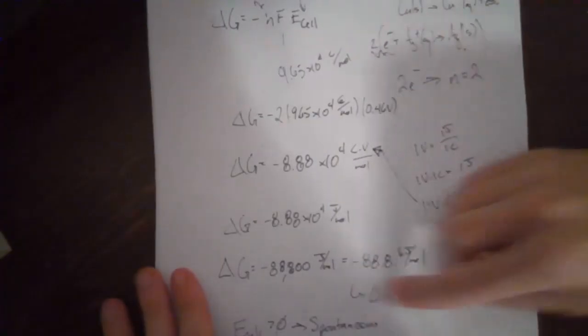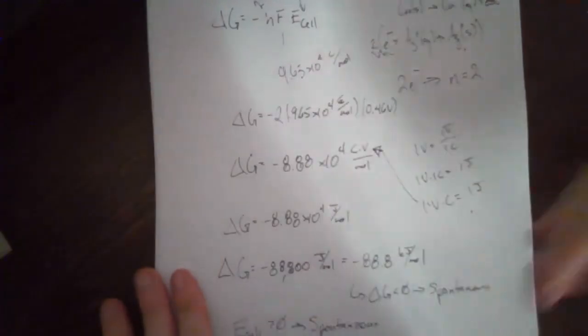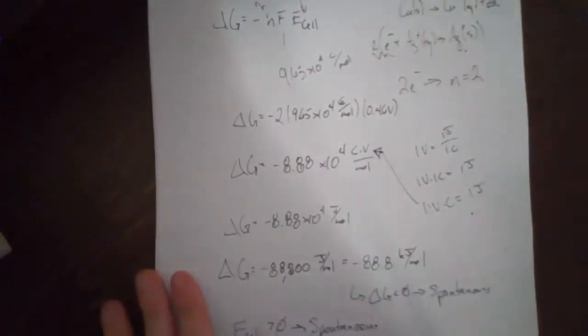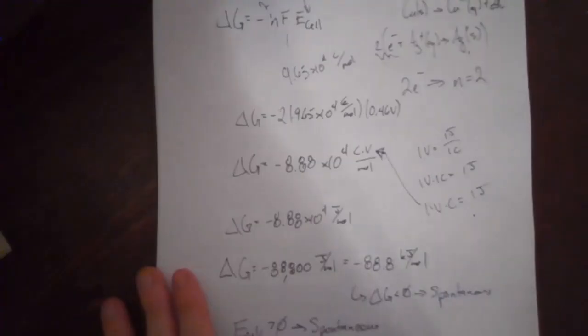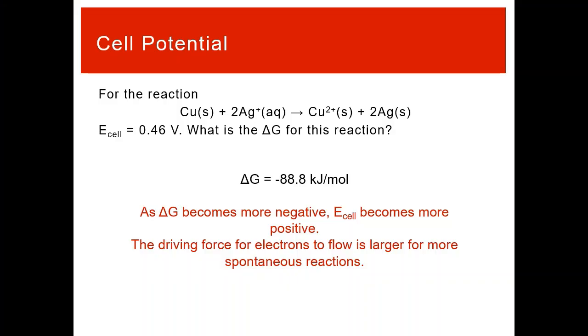One is explicitly looking at the chemistry, and one is more focused on the electricity applications, using electrons to do things, light up light bulbs, play stereos, start a car, whatever it may be. So with this delta G being negative, we know that the reaction is spontaneous.